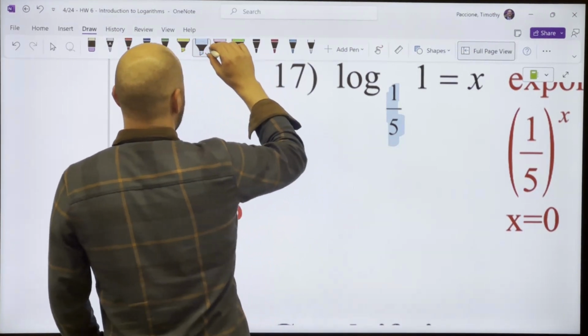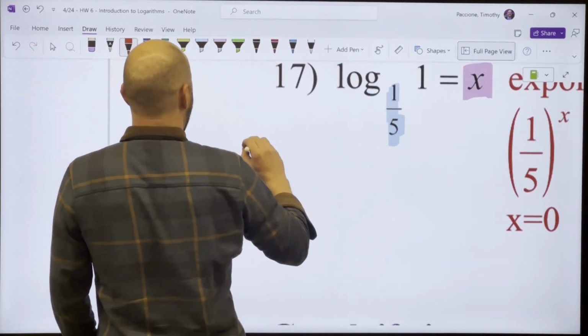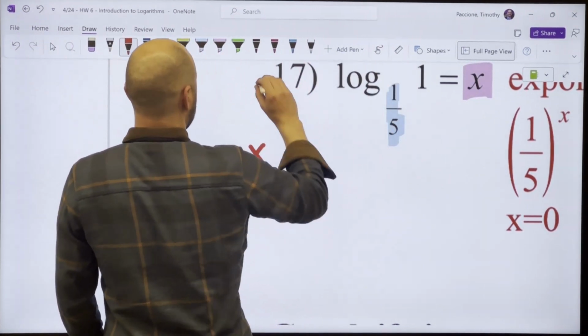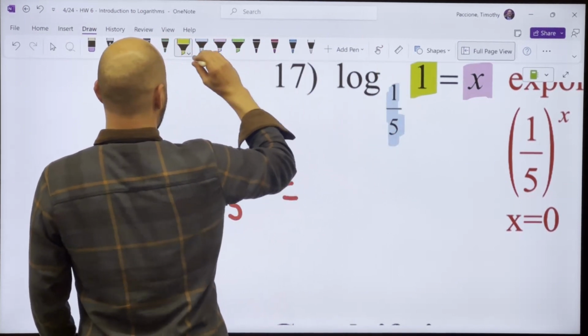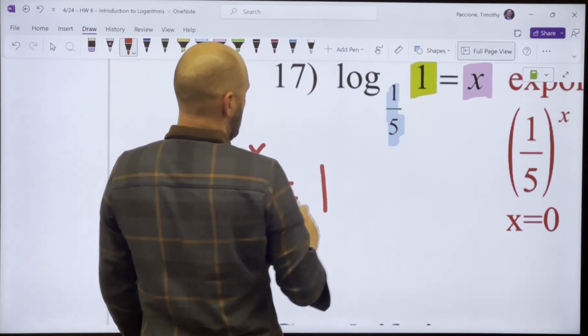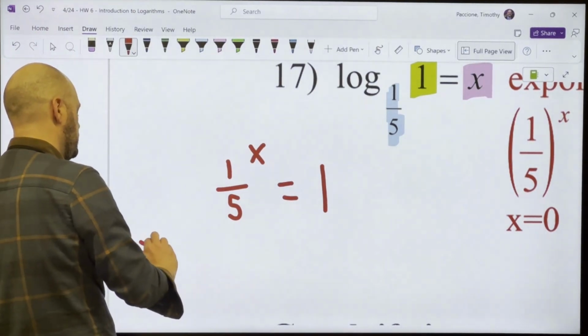And I know that x is my exponent, so I'm going to go to x equals 1. Well, here's a problem. I don't know my 1/5 to the whatever, but I don't have to. Because the only way to get 1 by raising to an exponent is if the exponent is 0. So x equals 0.